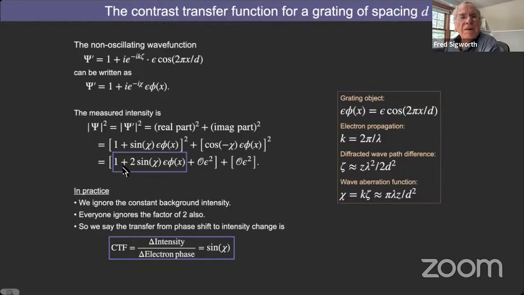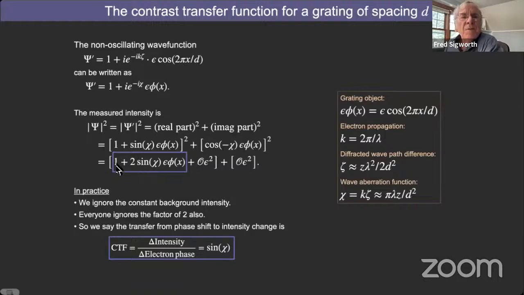If you work through all this, the real part squared is 1 plus 2 sine of chi times the original phase object, plus a couple terms that are of the order of epsilon squared. Because epsilon is a really small number, we can ignore those. So we say the intensity under the weak phase approximation is just going to look like this.